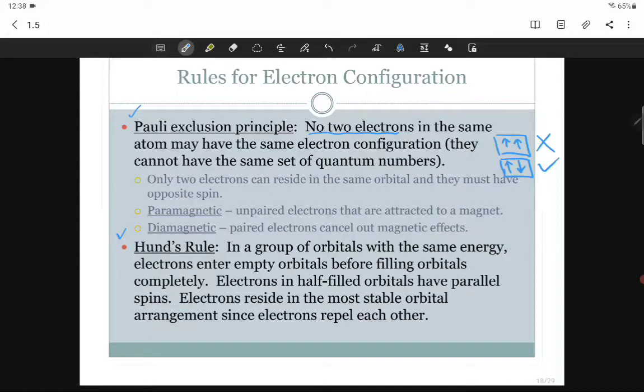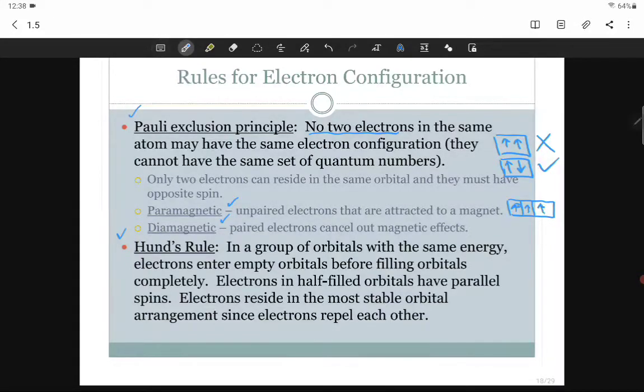This is new, probably. So I attach this to the Pauli exclusion principle. You can have times where you have lots of unpaired electrons, and they actually have some ability to act a little like, or be attracted by, a magnet. And then there are other times where you have diamagnetic, which doesn't have any ability to attract or repel a magnet. So where would you see this happen? Maybe in the electron configuration, it ends in that.